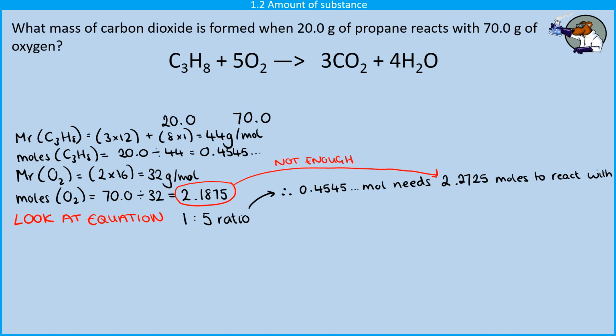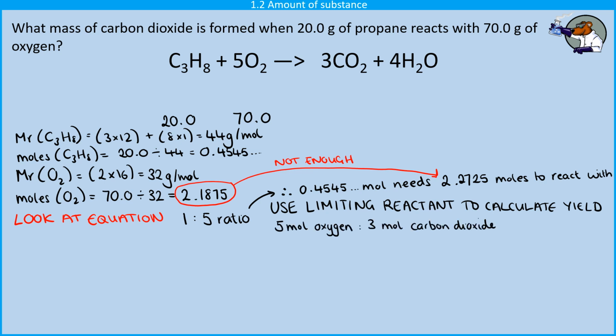So here you can see the number of moles of oxygen that I need for the number of moles of propane that I have is more than the moles of oxygen I actually have. There isn't enough oxygen to do the reaction. So that means that oxygen is limiting. And that's really important because we're always going to use the limiting reactant in order to work out the theoretical yield. So at this point I know oxygen is limiting, oxygen is the one that I'm going to go for.